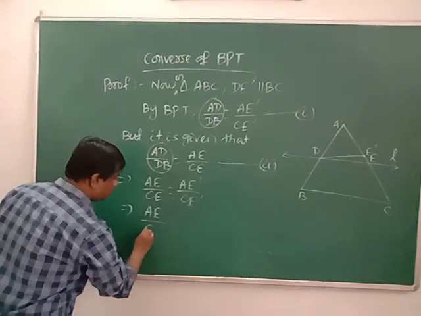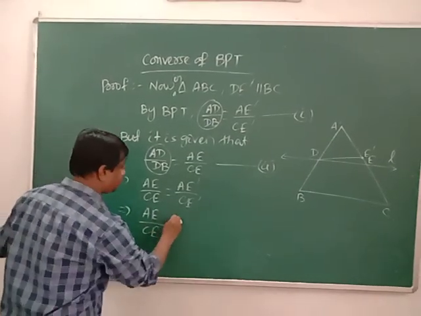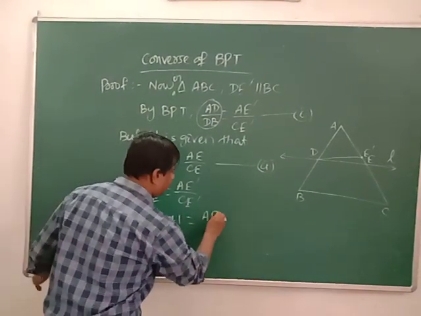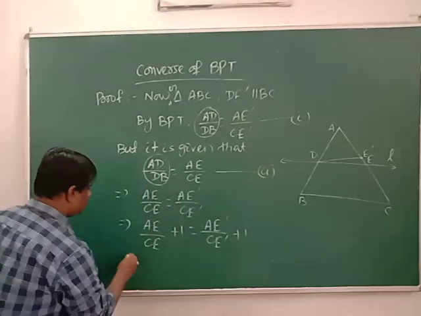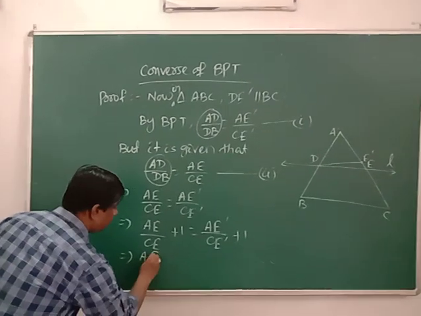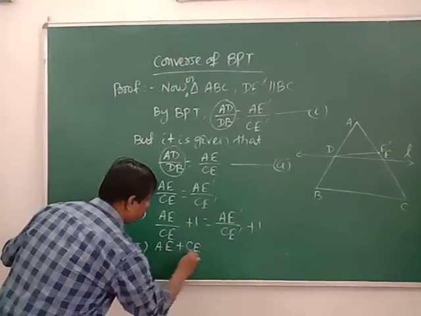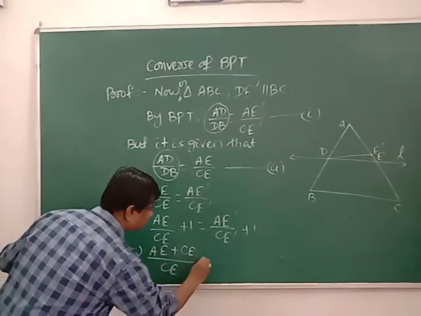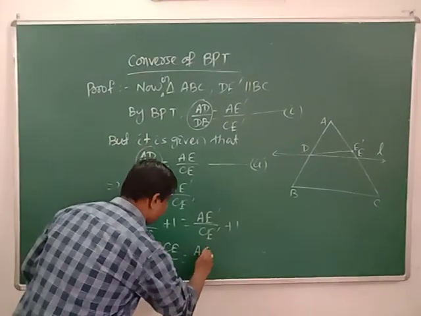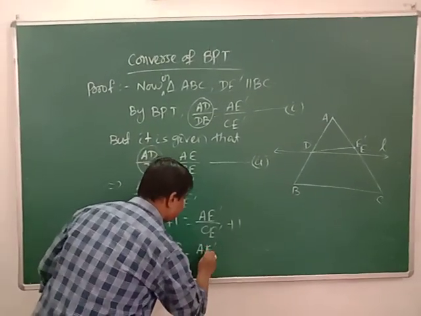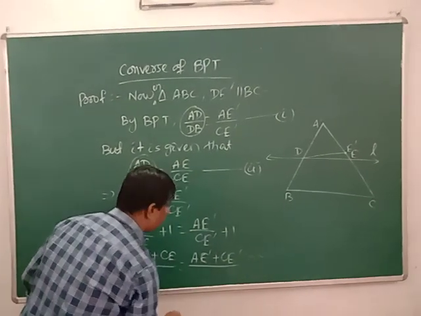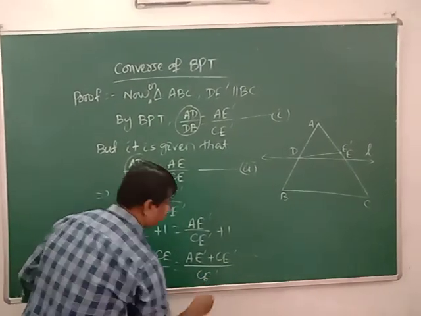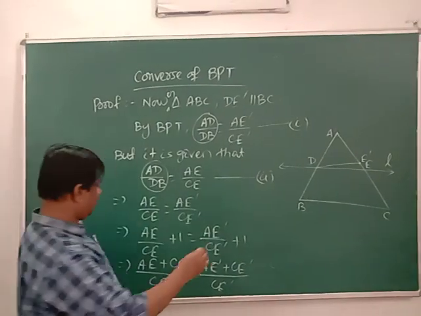So AE upon EC plus 1 is equal to AE dash upon E dash C plus 1. So what am I getting? AE plus EC by EC is equal to AE dash plus E dash C by E dash C.